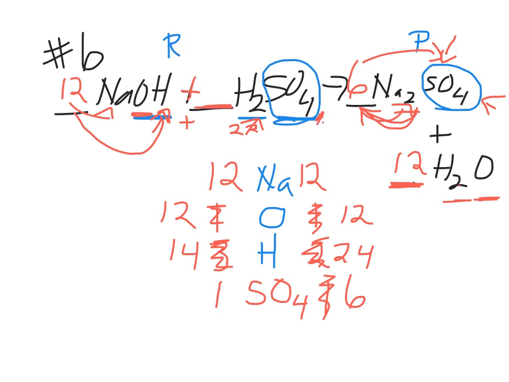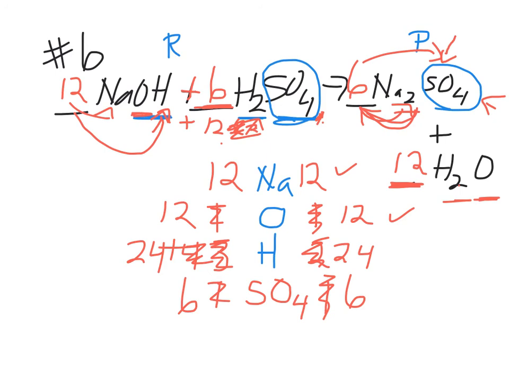So 1 times what will give me 6? 6, right? Now is everything equal? Yes. 6 times 2 is 12. 12 plus 12 gives me that 24 for the hydrogen. So yes, it's equal.